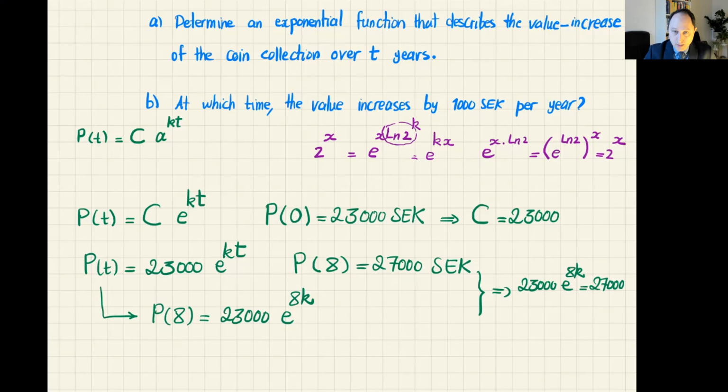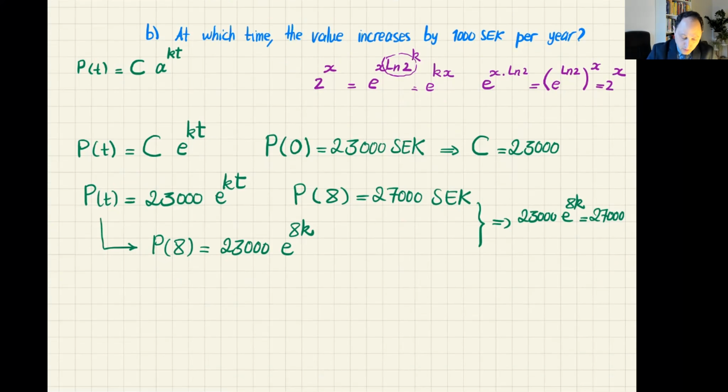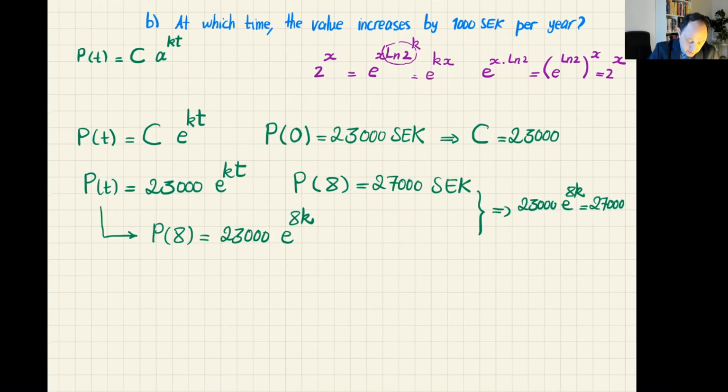And if you remember, we talked about these kinds of equations before. Yes, this is an exponential equation. Why? Because my unknown is in the exponent and I want to find that. Hopefully you remember that lesson. So the first thing that I do, I divide by 23,000 on both sides.